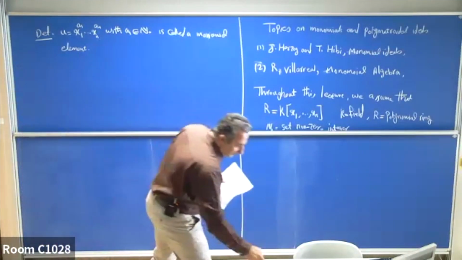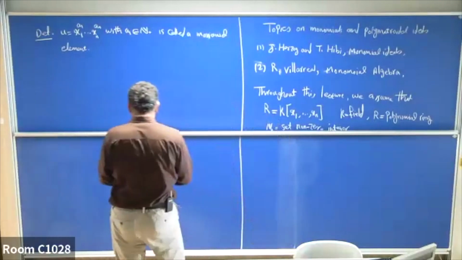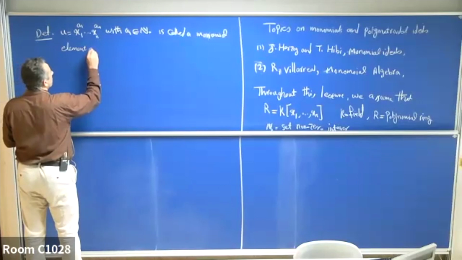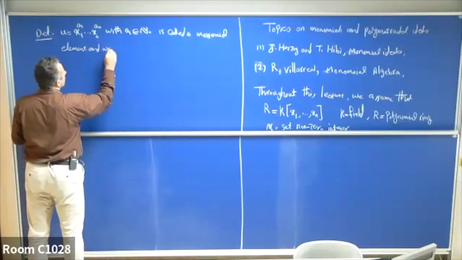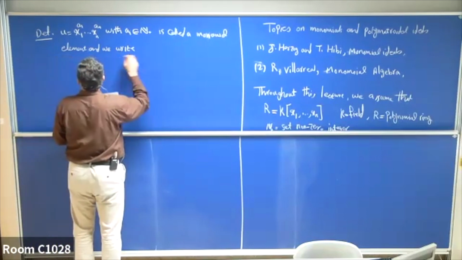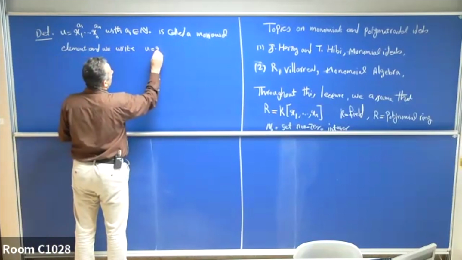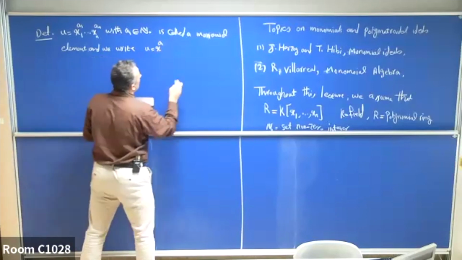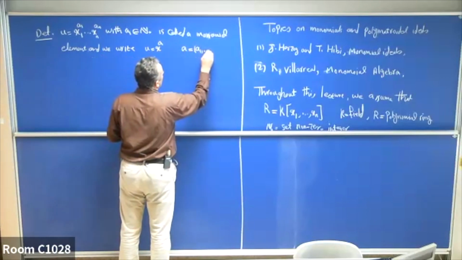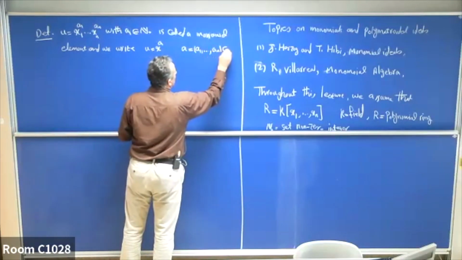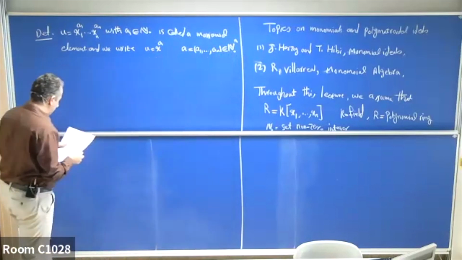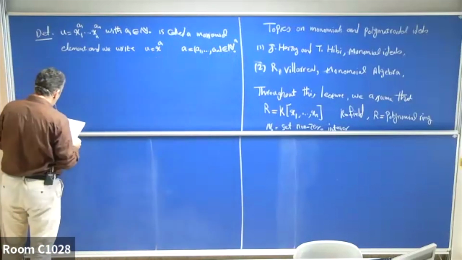For simplicity, we write u equal to x^a, where a is the vector (a1, ..., an).